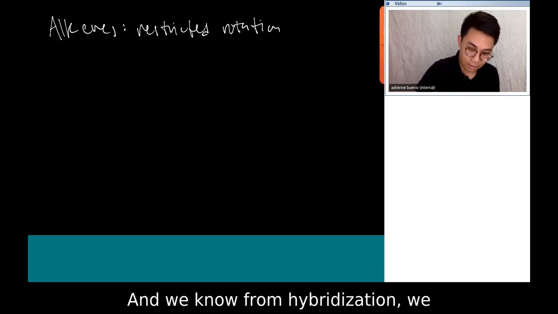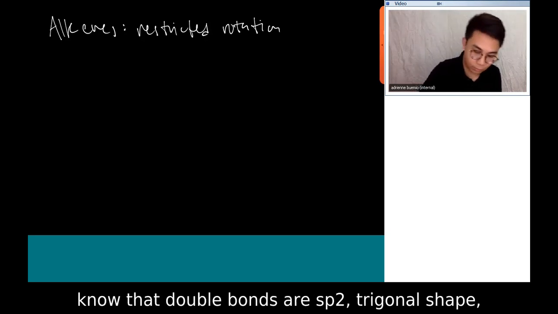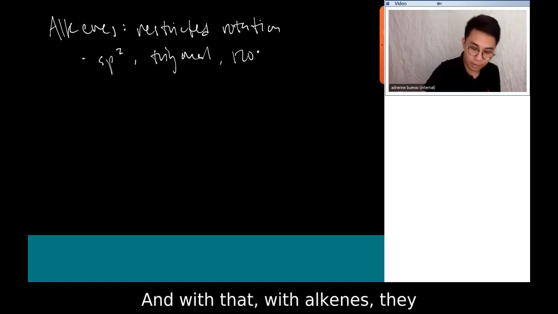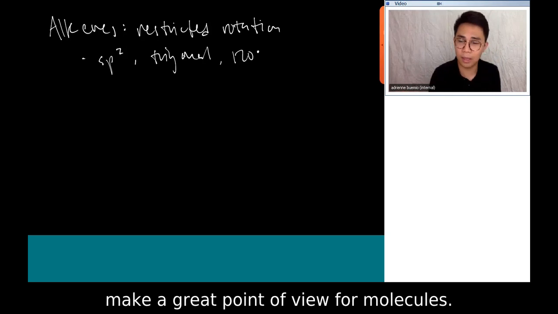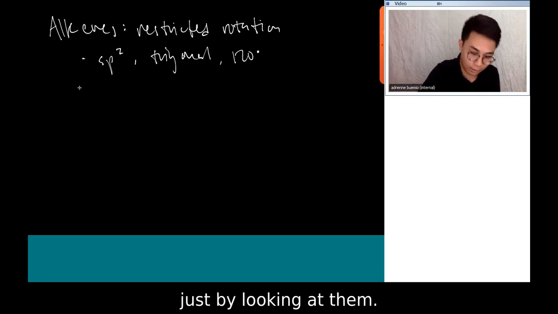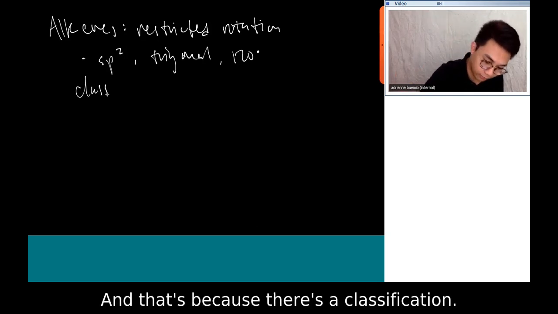And we know from hybridization that double bonds are sp2, trigonal shape, with a 120 degree bond angle. And with alkenes, they make a great point of view for molecules because you can tell which ones are more stable just by looking at them. And that's because of the classification.